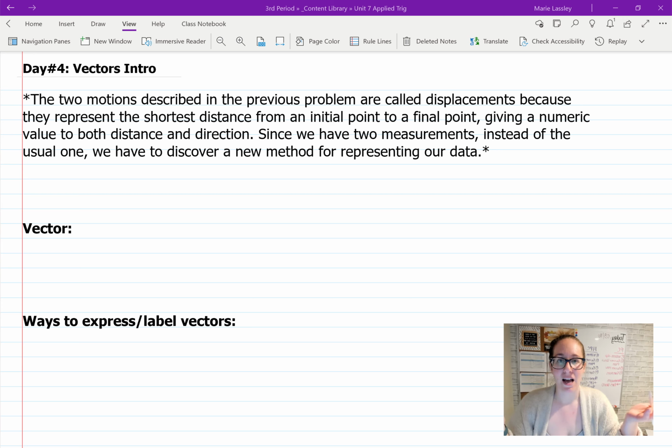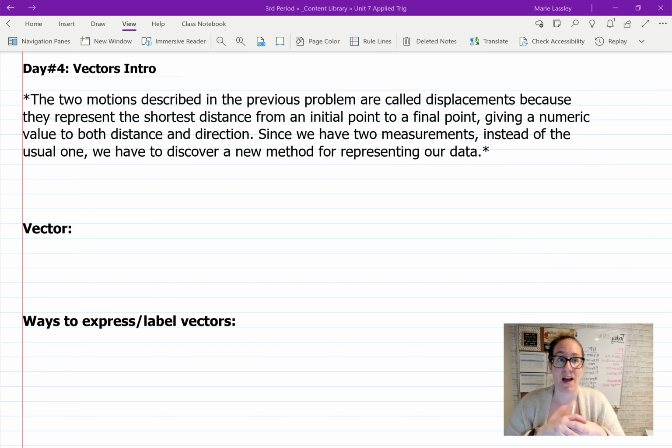Anytime you're measuring multiple things at once, you need a new way to represent that data. Because of these two different measurements, direction and length, that's basically what vectors do: they help us represent these two quantities at one time.